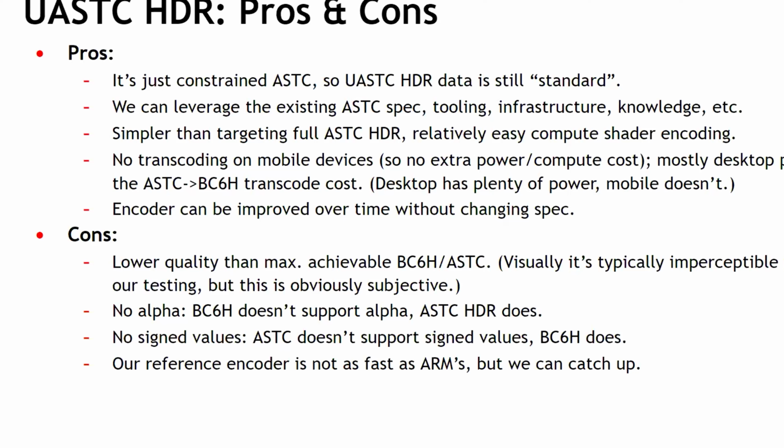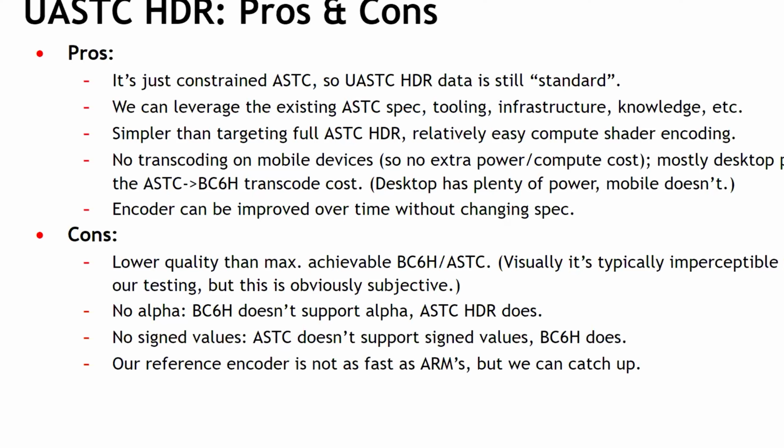The advantage is there's no transcoding whatsoever on ASTC GPUs. It's either a mem copy, or you just give the driver API a pointer, and that's it, because it's just standard ASTC. Existing encoders can be modified to support this subset, and I think that would actually be fairly easy to do. And the encoder can be improved over time without changing the spec.